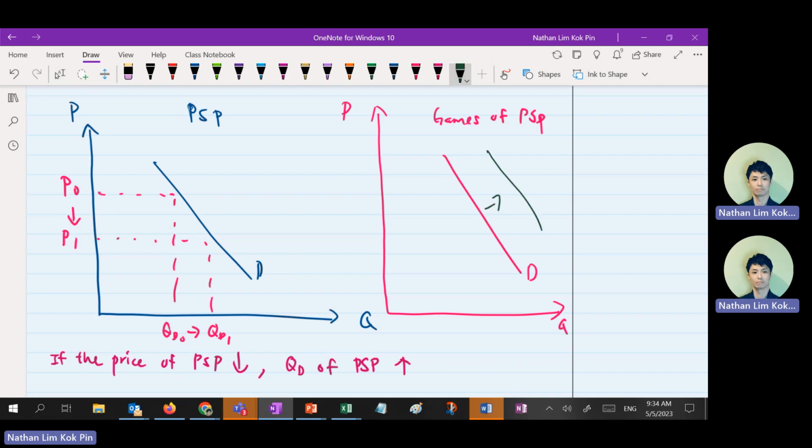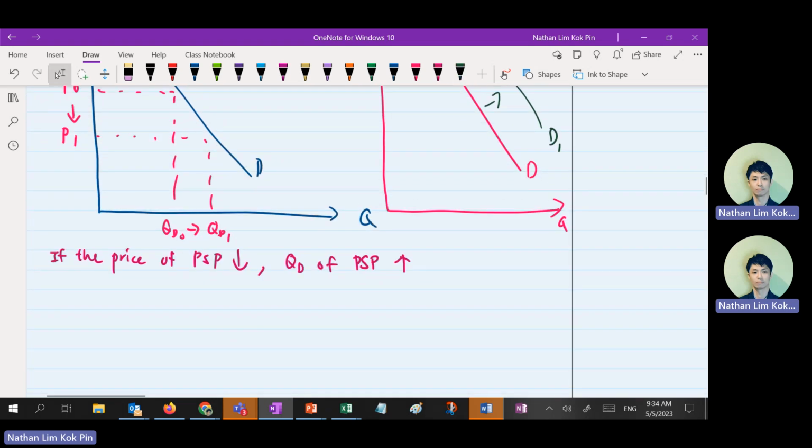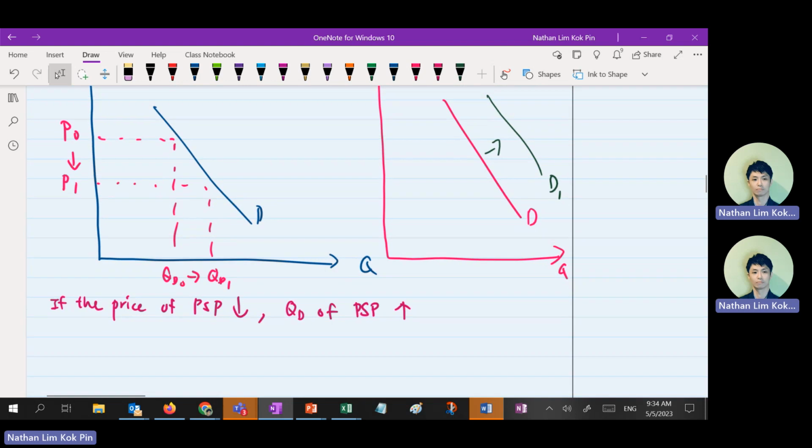Just now he said decrease, right? You say increase. Oh, increase, correct. So demand of games will increase. Make sense, ladies and gentlemen?